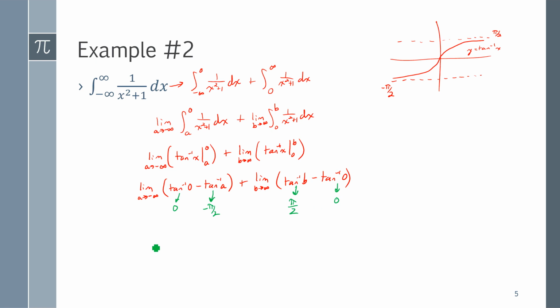What I'm left with is the negative of negative pi over 2 plus pi over 2, or pi. So even though both of my bounds were infinite, I could actually calculate this integral, and I get a value: this is converging to pi.